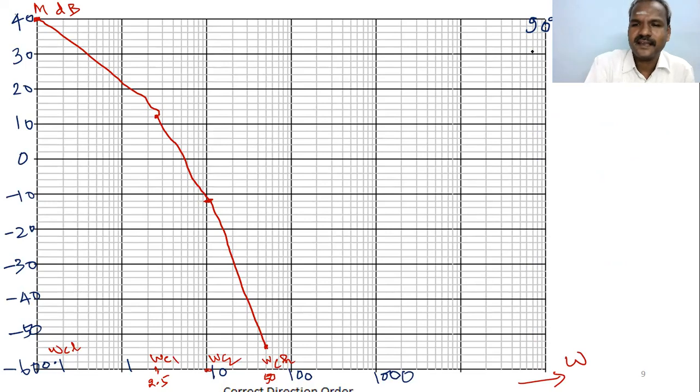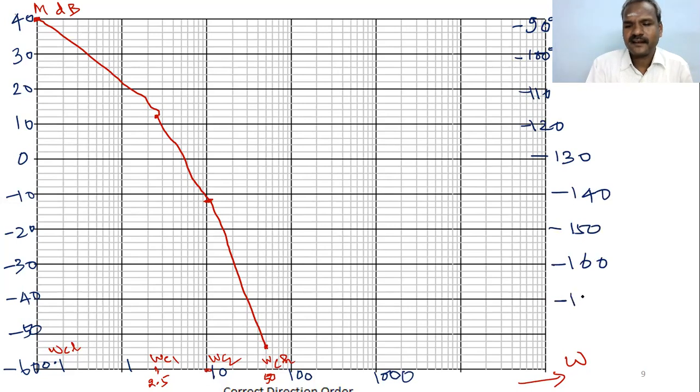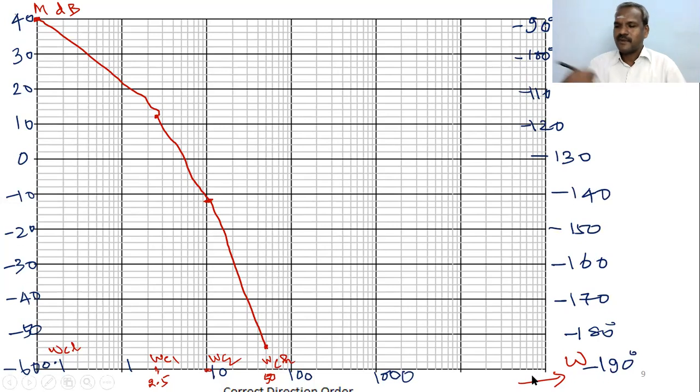You can have, I said, minus 90, minus 100, minus 110, minus 120, minus 130, minus 140, minus 150, minus 160, minus 170, minus 180, minus 190. We can stop with this because we are not going beyond that, right? So this is the scale.